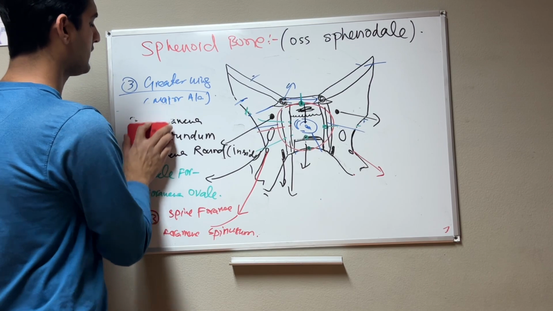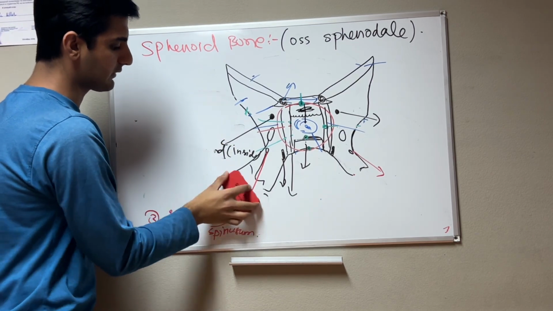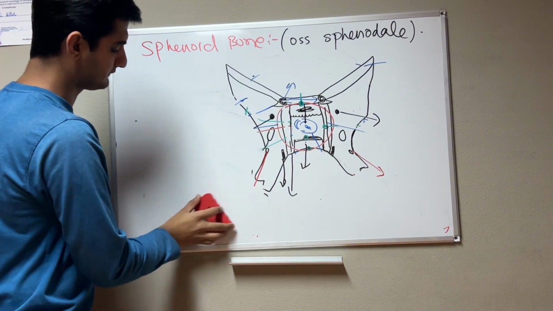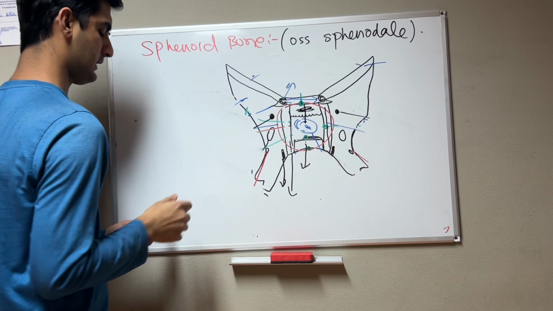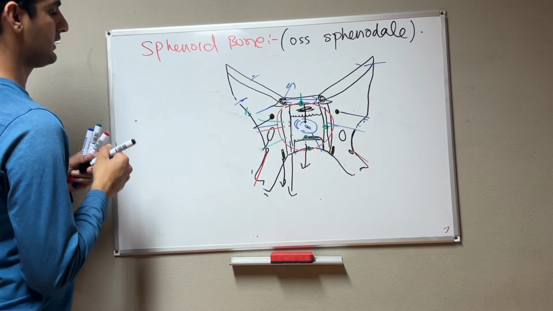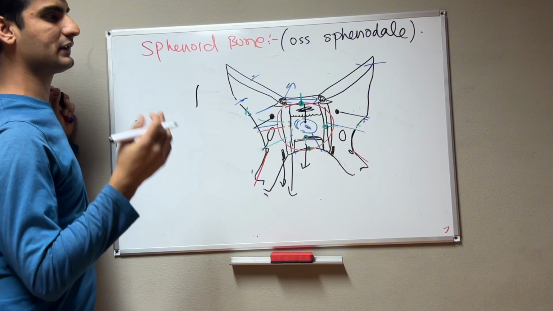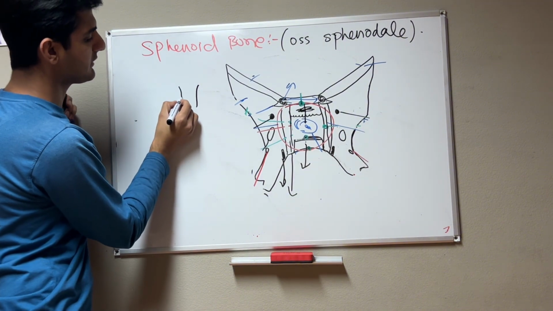Now we are going to discuss the surfaces of the greater wing. For this I need to draw a diagram, then you will understand. We remember the temporal bone is located here laterally, the temporal side.